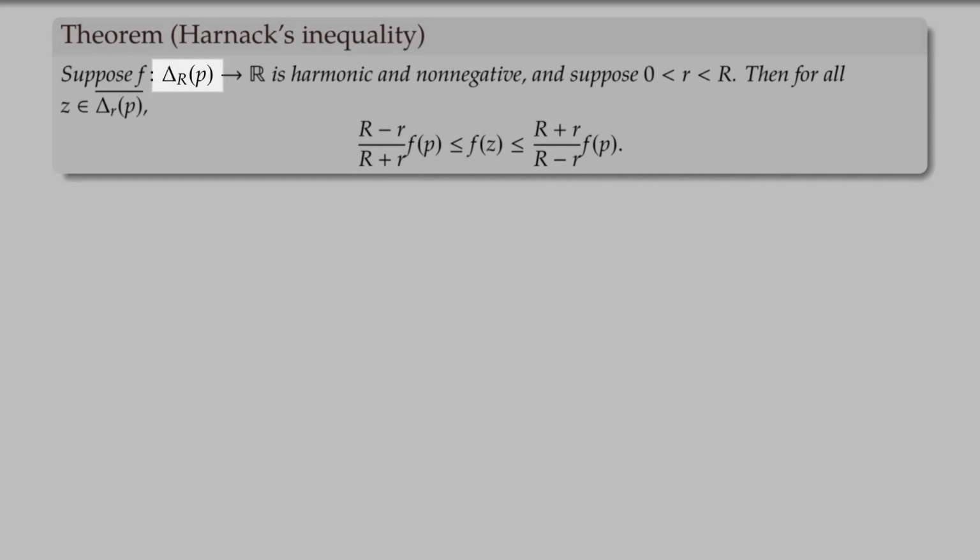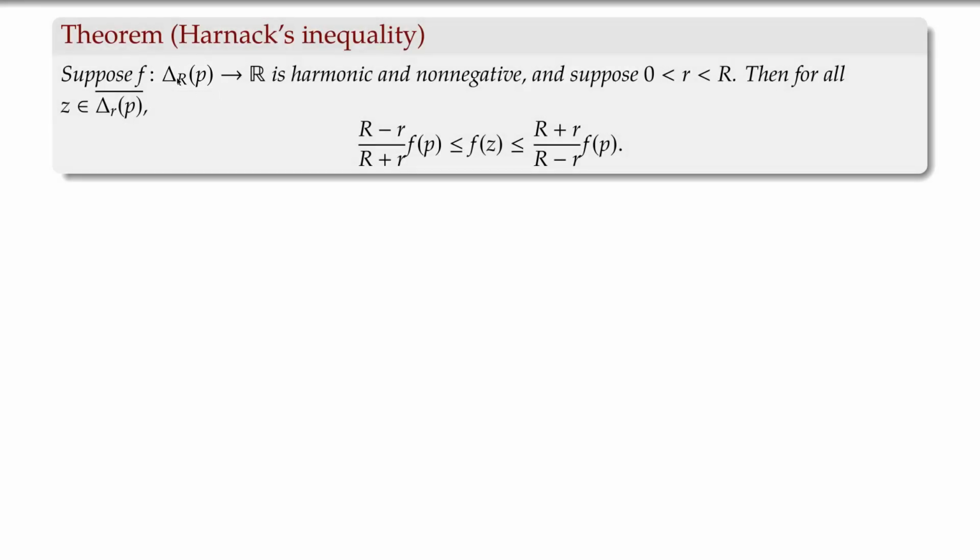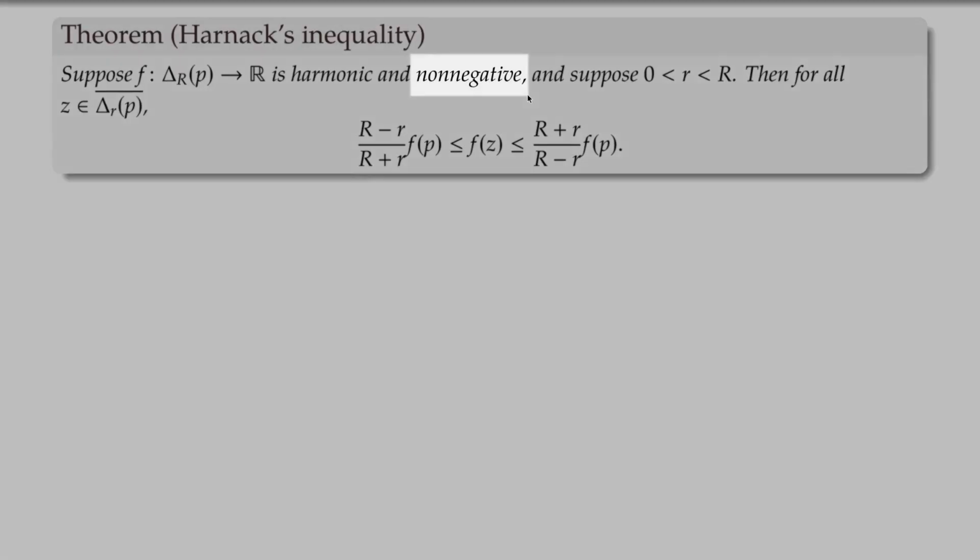Suppose that we have a harmonic function on this disk, and let's suppose it is non-negative. The results that require some boundedness for harmonic functions basically look at non-negative. It's really just bounded from below.